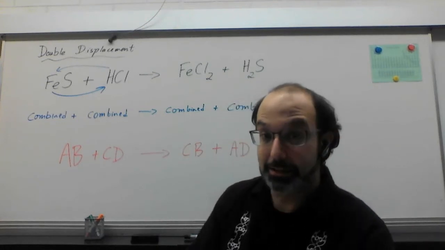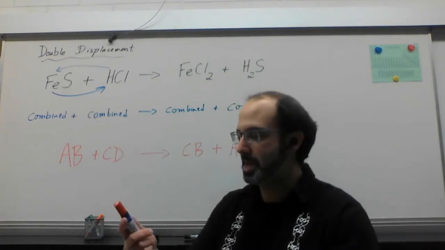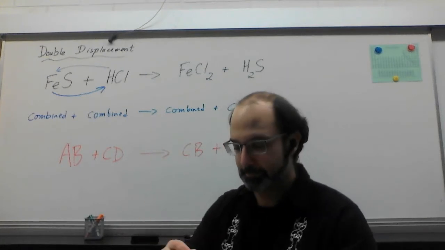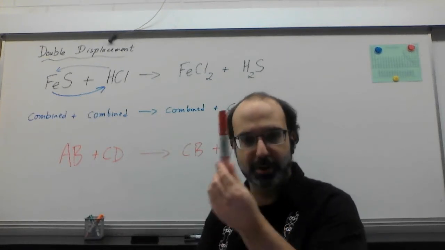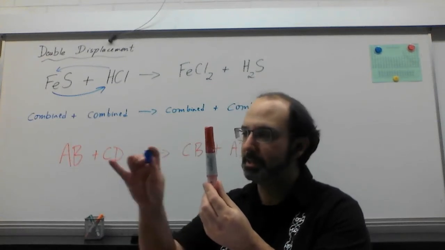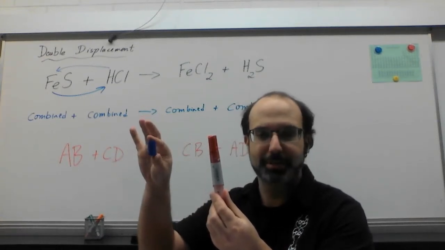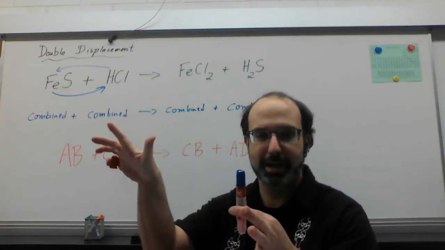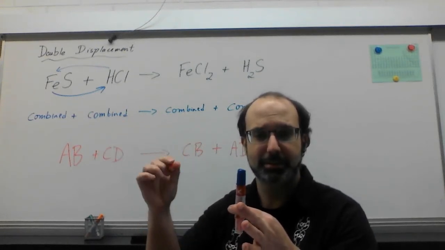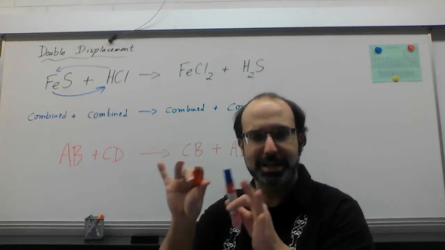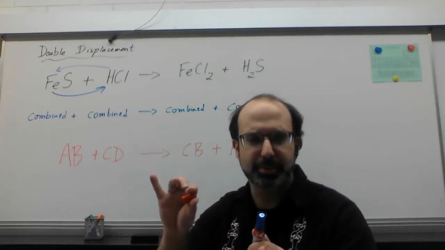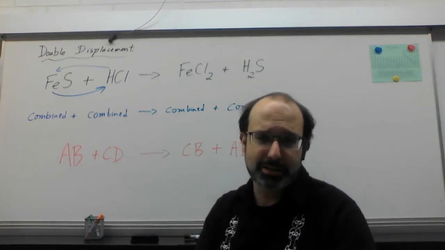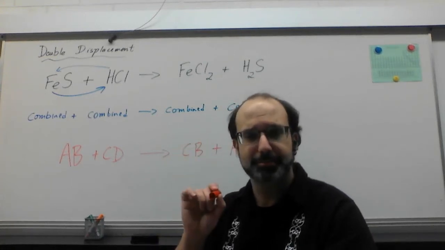In the case of a single displacement, it would be more like we had a single dance partner like this, and there was 1 cap just floating around, and then we just swapped the caps, and there was 1 cap off by itself. So that's the difference between single displacement and double displacement. It's just whether or not the other cap has something on the back end. Otherwise, it could just be sitting there by itself.